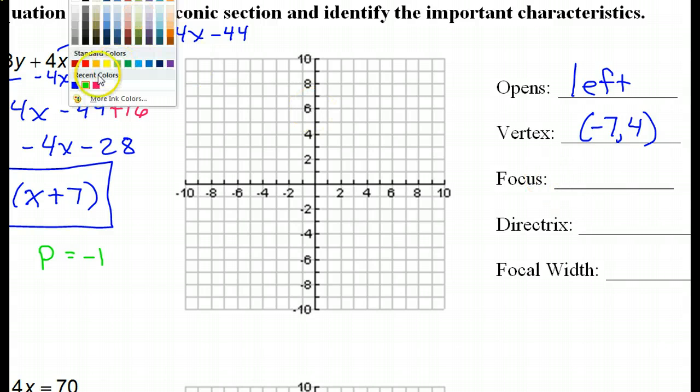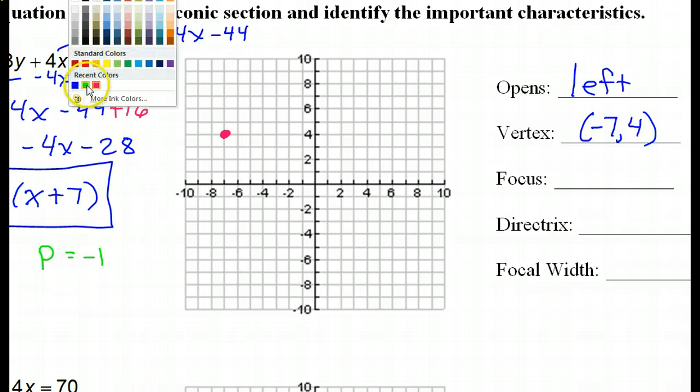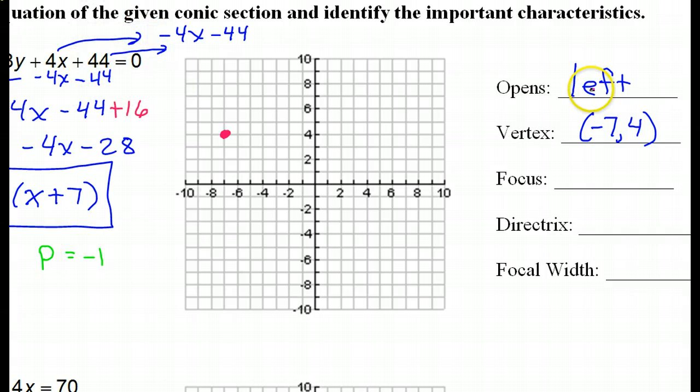Now, I should have graphed the vertex straight away. The vertex is at negative 7, comma 4. So that's negative 7, 4. Here's our vertex. Except my OCD requires me to make it pink like the others. Okay, so negative 7, comma 4. Now, this p-value tells me where the focus will be. I know the parabola is opening to the left.